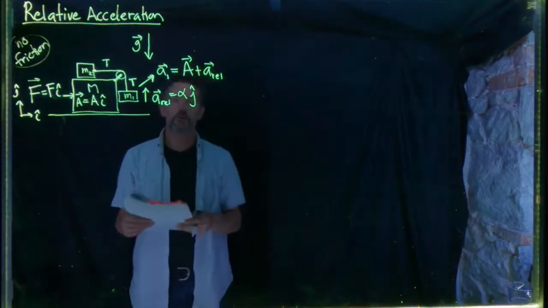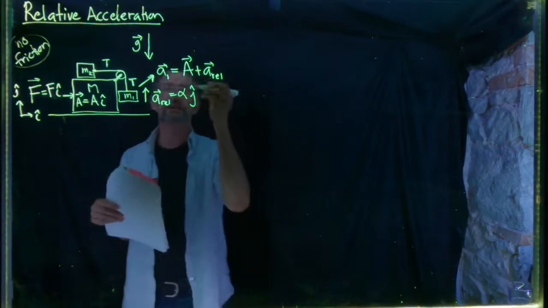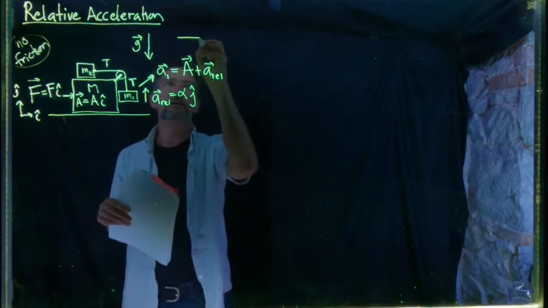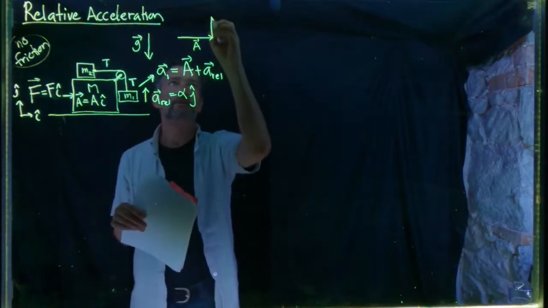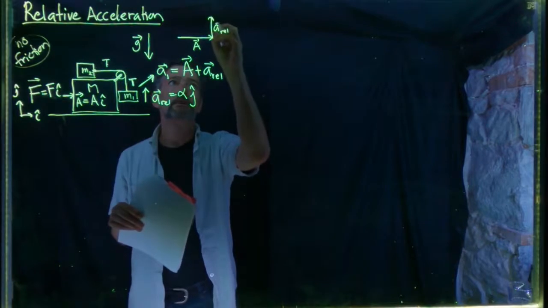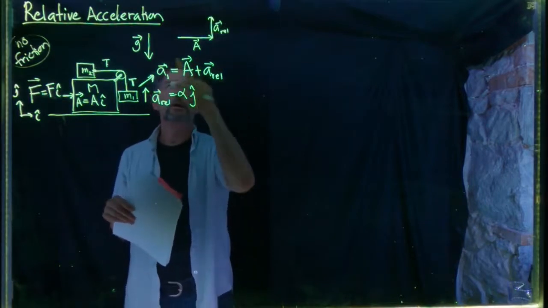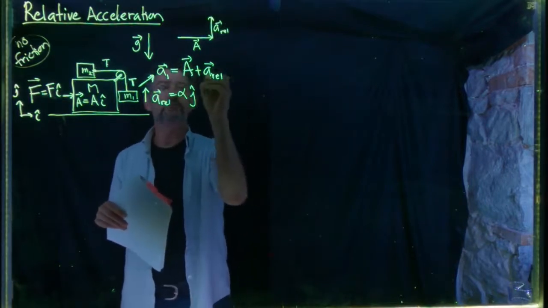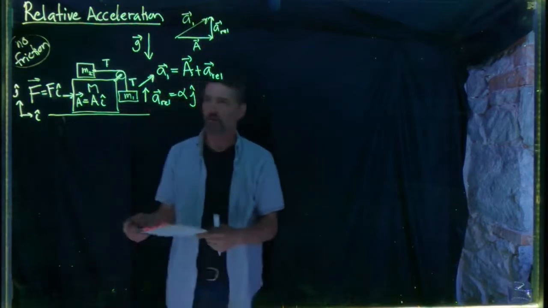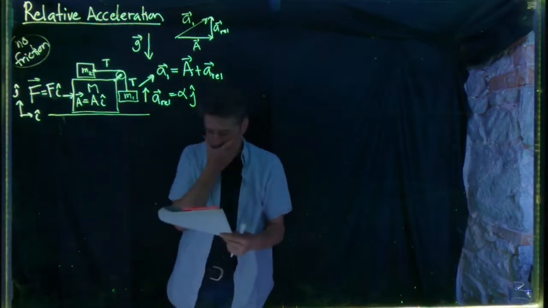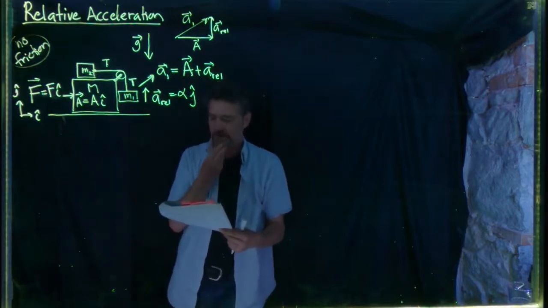In terms of a picture, this is A, I'm adding them vectorially, plus A relative is up like this. Adding them tip to tail, I get A plus A relative is this one. So this is the acceleration of M1 in the original inertial reference frame. Great. That's the one that goes in Newton's second law.